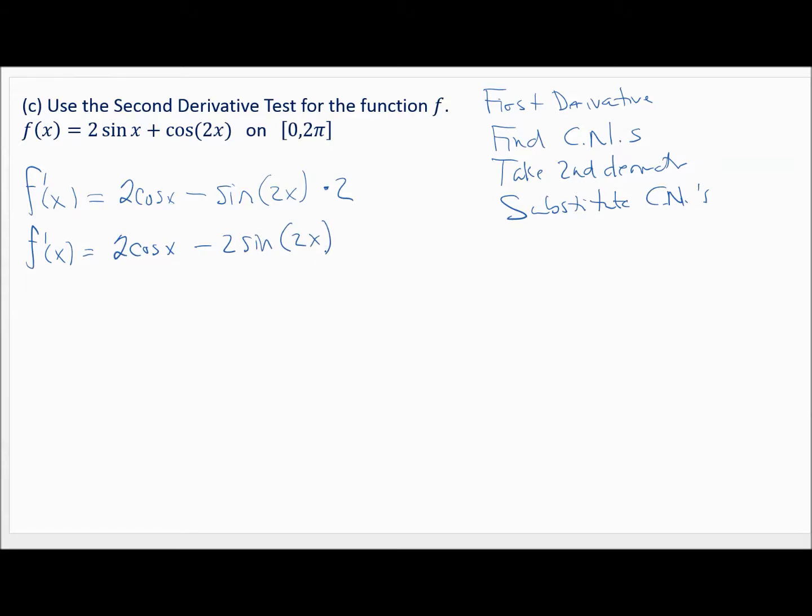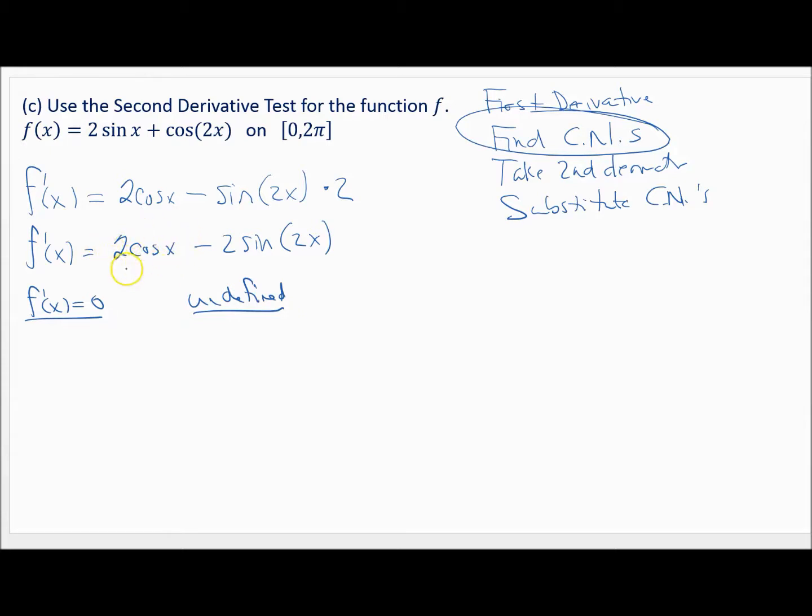That's what we have. Now remember, we have to solve this equation because we have to find critical numbers. So I have to find out where this derivative is equal to 0 and where this derivative is undefined. The good news is, as far as undefined goes, we don't have to worry about that.